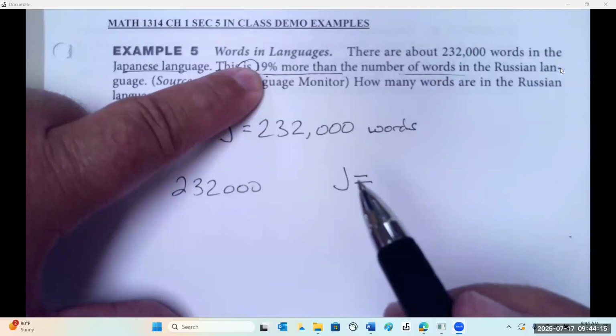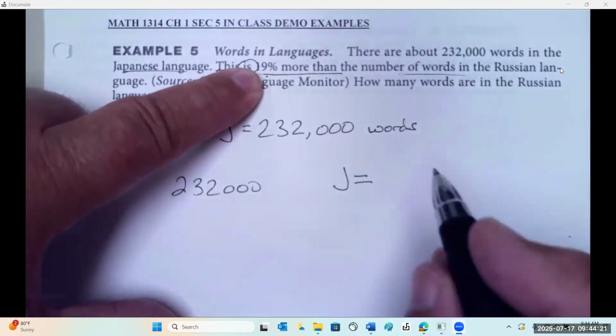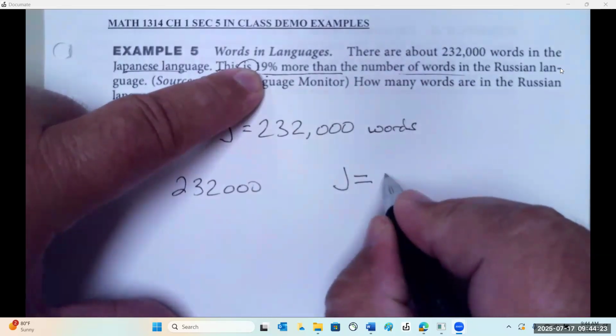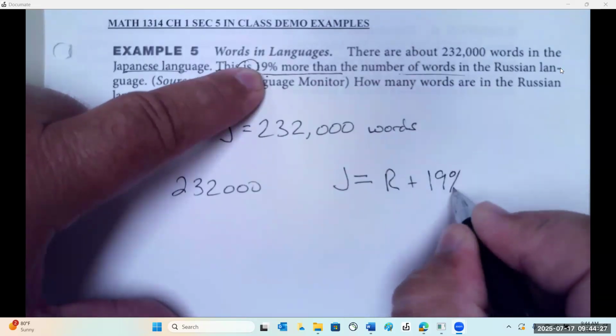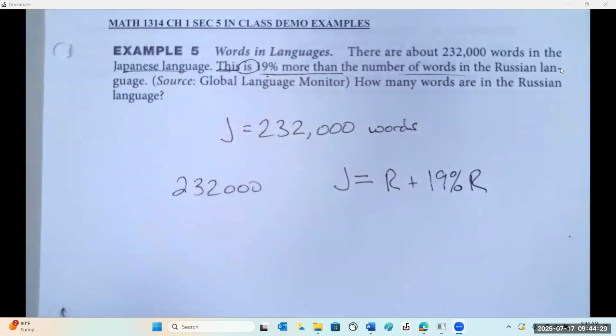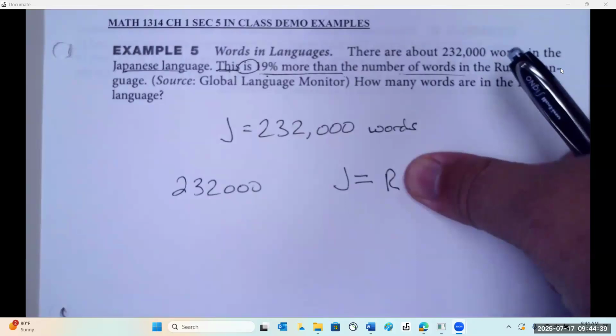Why 119? Because 100% will be the whole Russian language plus the 19%. Because you have to start off, are the Russian and Japanese the same?